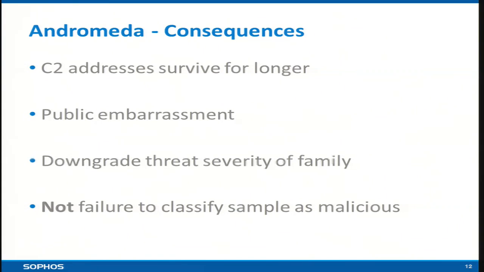But importantly, we're not going to fail to classify the sample as malicious. It's still very recognizable behavior, and we can say that every sample which does this is definitely Andromeda. So we won't fail to classify a sample as malicious, which is an interesting consequence.